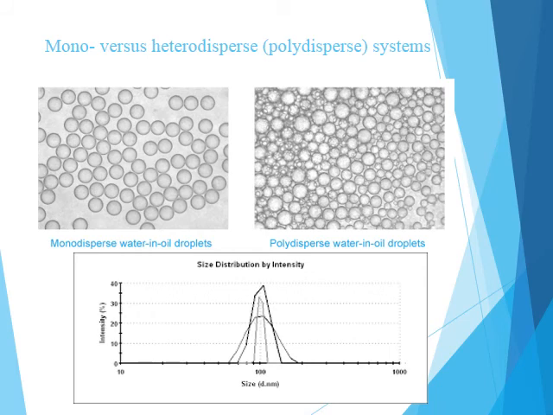While for a heterodisperse system, we will get a very broad peak, which indicates that we are dealing with a wide range of droplet sizes. While if we have a monodisperse system, we are dealing with one narrow range of droplet size. So that's what we will get in the analysis using the zetasizer or any other instruments to analyze the particle size of the emulsion.